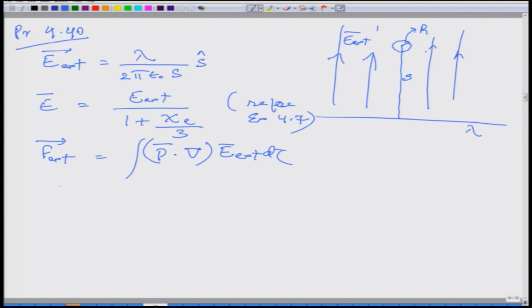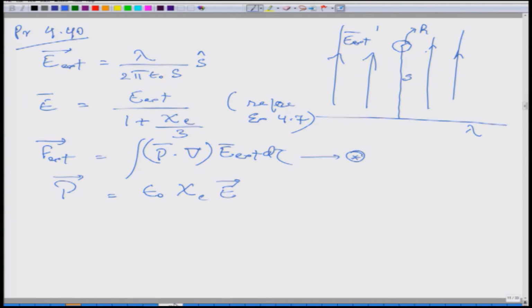Now P in this case would be nothing but epsilon naught chi E into E. Then if we substitute this into this equation, we can find out the net force experienced by that tiny sphere.